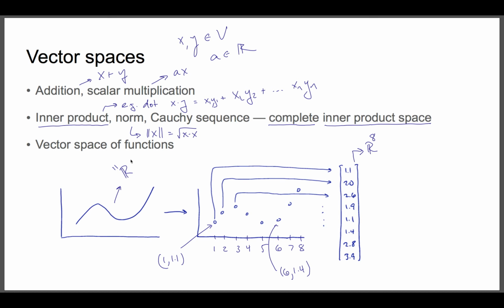That's not R to the infinity, right? I'm putting it in quotes because R to the infinity isn't really a well-defined idea, but you can think of it as being an infinite dimensional vector that's like the finite dimensional vector you get from sampling.